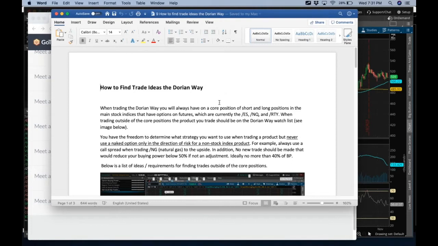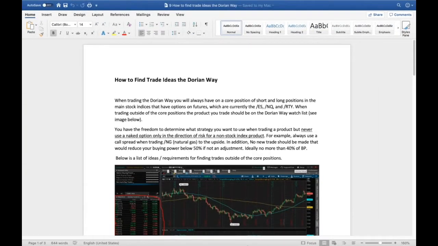I'm going to refer to this lesson a little bit today, but I'm not going to go over this lesson. I kind of want to talk to you outside of this because I do go into this in more detail in course 2, but just to give you an idea on how to place trades in something that's outside of our core positions.